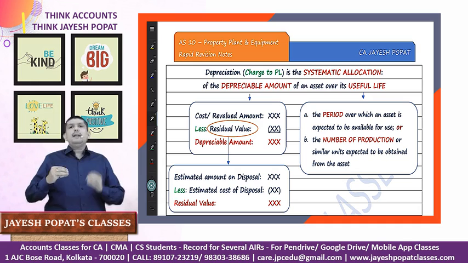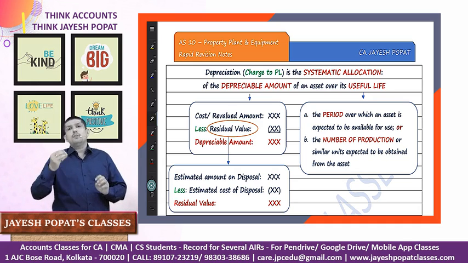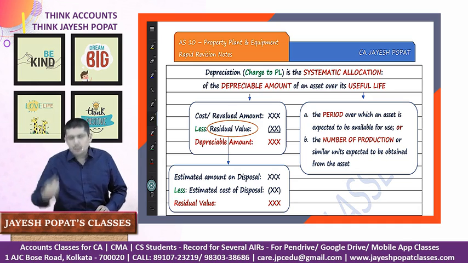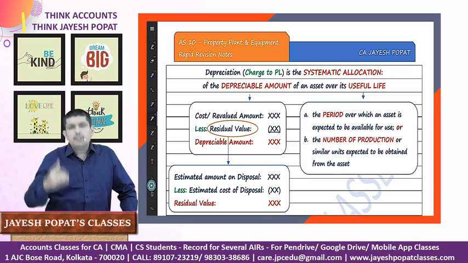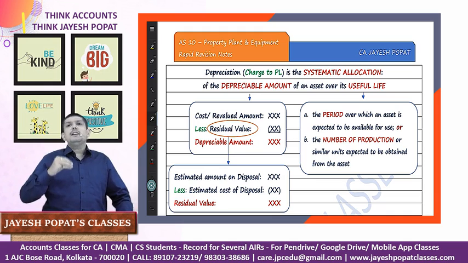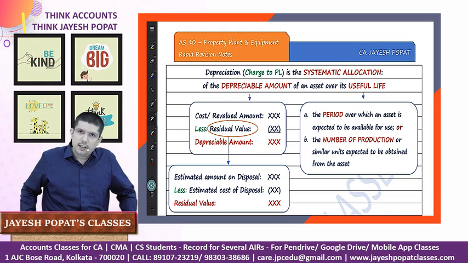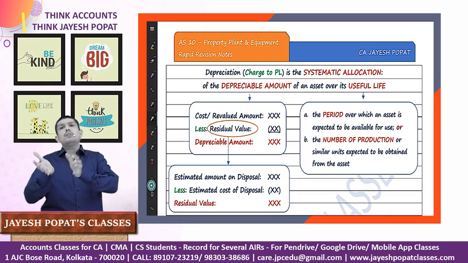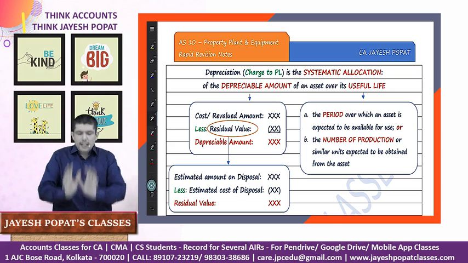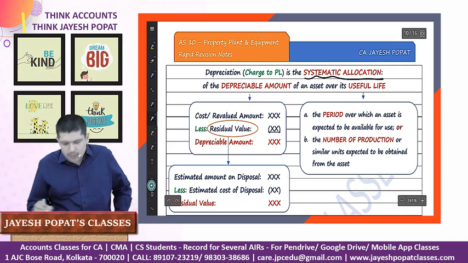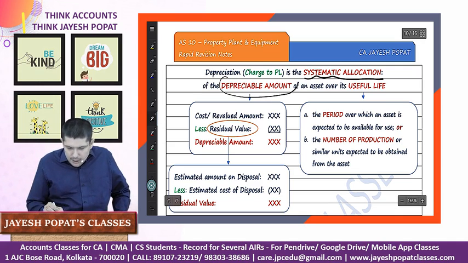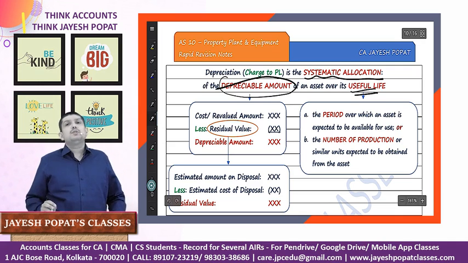So let's say I am buying a particular mobile phone for rupees 1 lakh, and I intend to use that mobile phone for a period of 5 years, then 1 lakh divided by 5, 20,000, is the expense which I will charge off every year as depreciation, allocating the cost of the asset as an expense. So depreciation is a systematic allocation of the depreciable amount of an asset over its useful life.